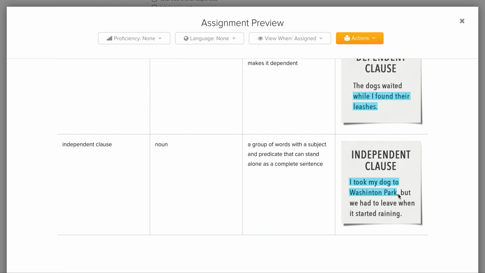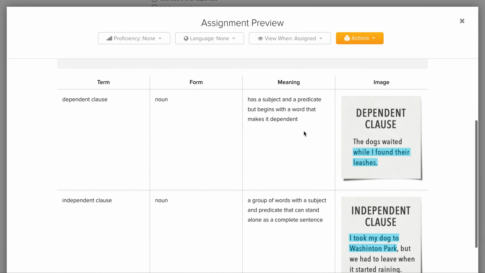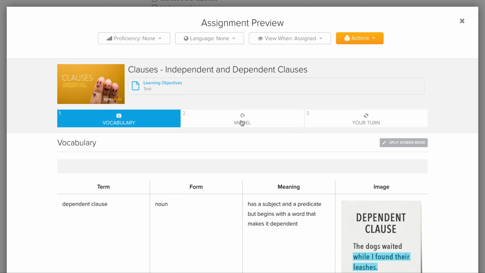And if I was to put a period after the opening independent clause, it would still make sense. I took my dog to Washington Park, period. That is a perfectly fine sentence on its own. So that is an independent clause. It can stand independently without needing the rest of the sentence to make sense. I hope that clarifies the difference between the two.